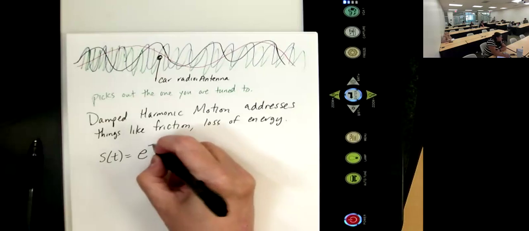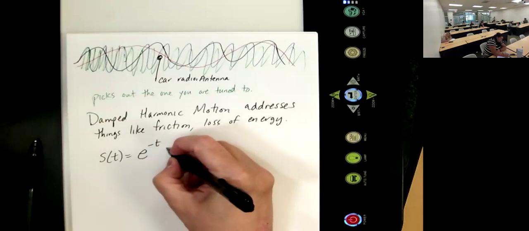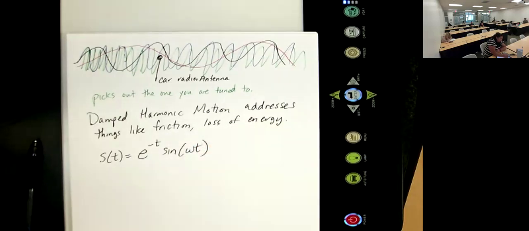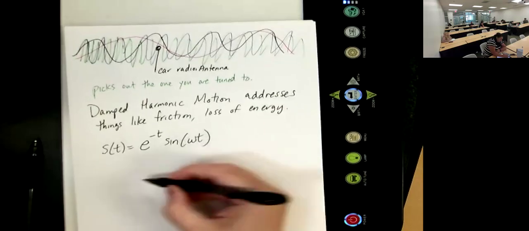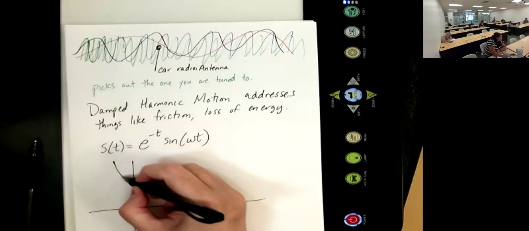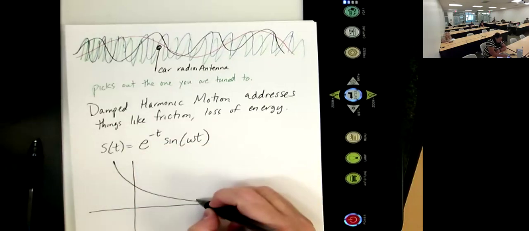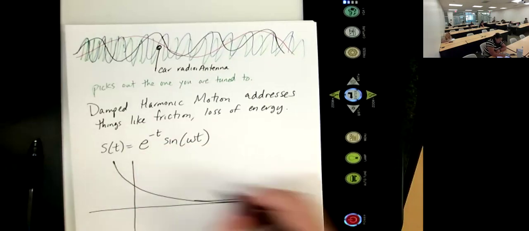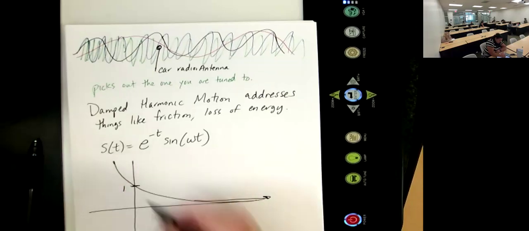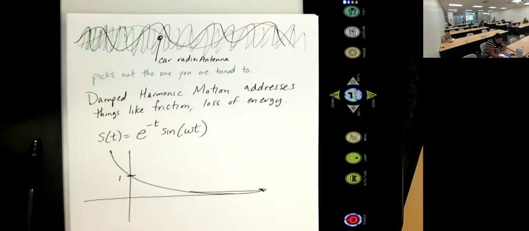The only way it really modifies this is we put an e to the negative t in front of our functions. The graph of e to the negative t is like this. Never hits 0. But if t equals 0, this equals 1.